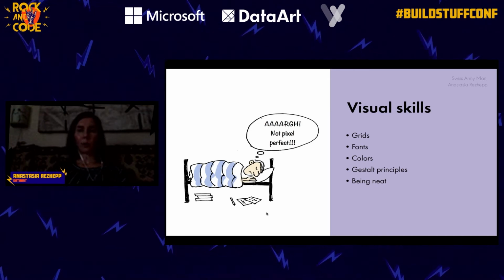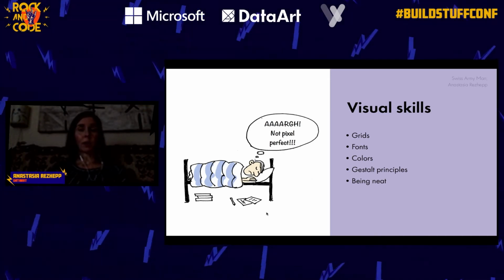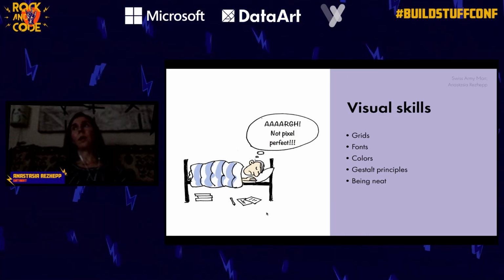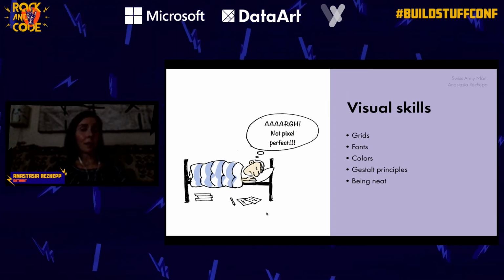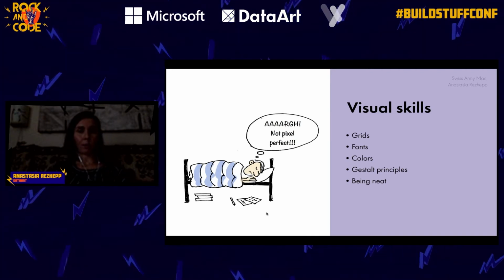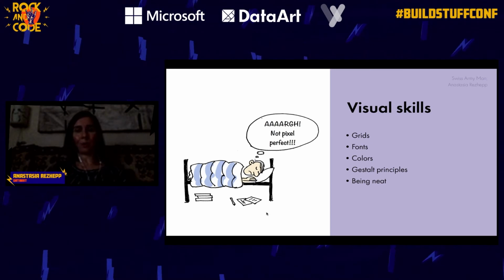It's always useful to know something about grids and about fonts and color combinations. And it's very good to be able to be neat when you design even the basic prototype, just to align things left or right and not to be messy.